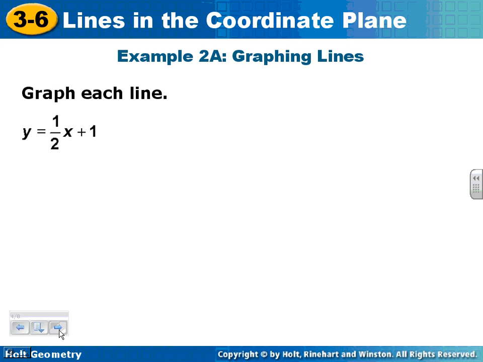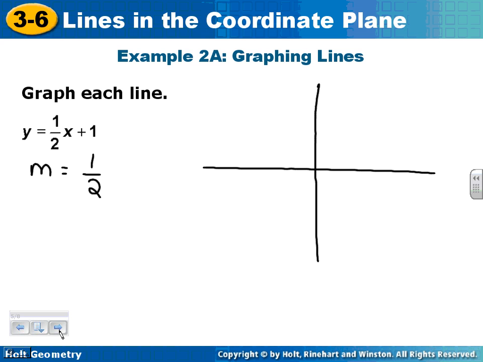With number 5, graph each line. So I want to graph it. You guys make a quick graph like this. And notice this is in slope-intercept form. My slope is a half, and my y-intercept is 1. I always do this part first. Y-intercept is 1. I'm going to go up 1 and mark that point. Then from there, I use my slope.